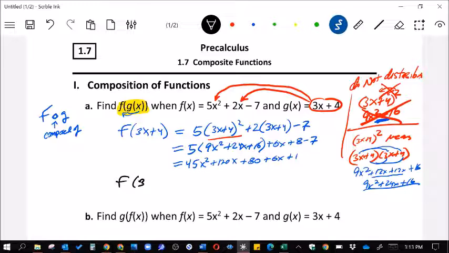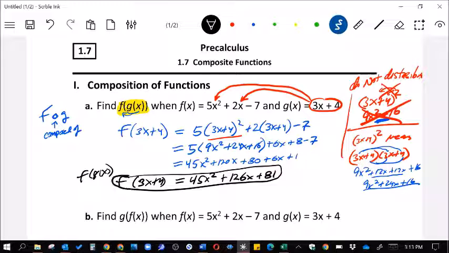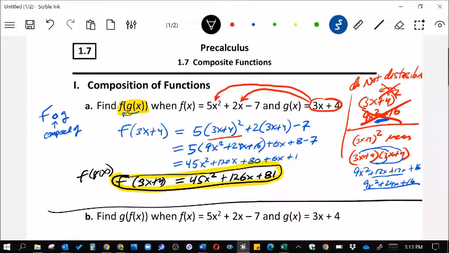The function of 3x plus 4, or the function of g of x, is equal to 45x squared plus 126x plus 81. Okay. So this one has a number of steps to it, and primarily because it's squaring a binomial.